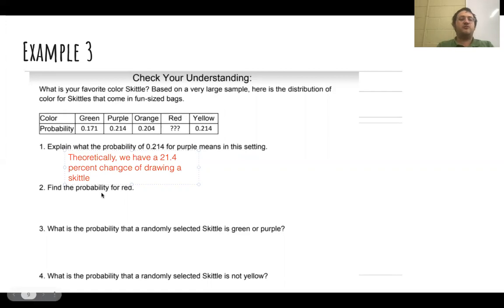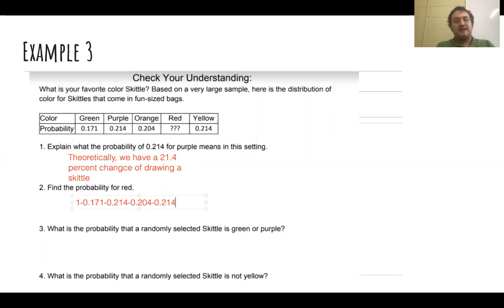And the question is, what is the probability that we are going to get red? So to do that, you're going to do 1 minus 0.171 minus 0.214 minus 0.204. So we're working backwards from 1.